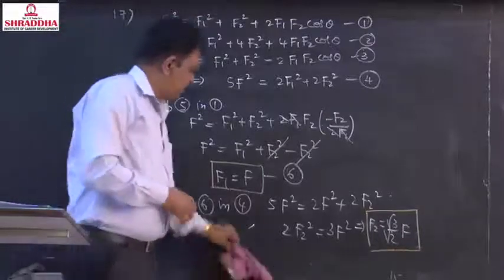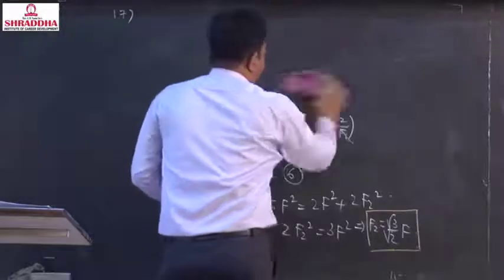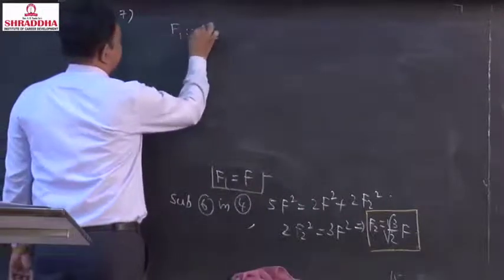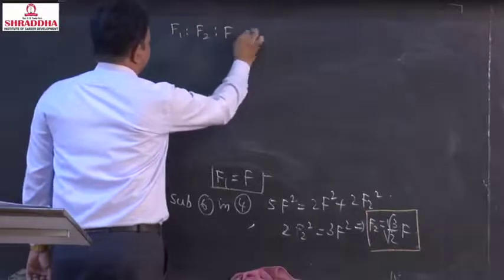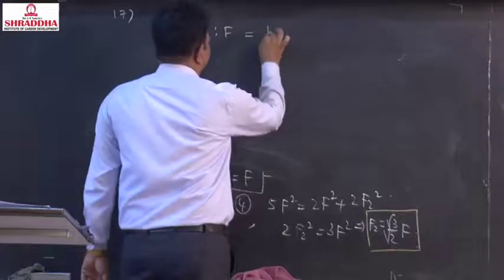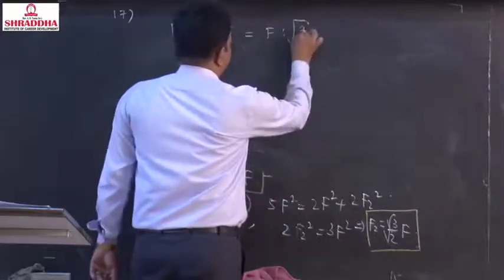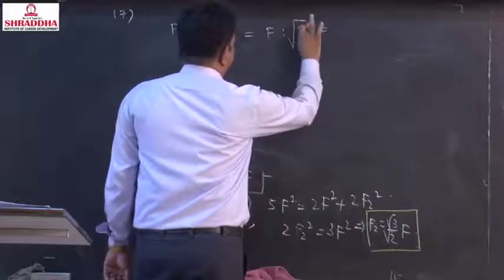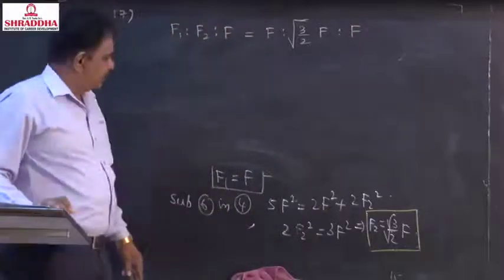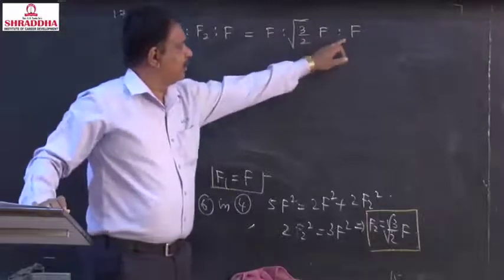They are asking F1 is to F2 is to F value is how much? F1 will be F, F2 value root 3 by 2 into F, and the third value is F. Then F1 is to F2 is to F value.